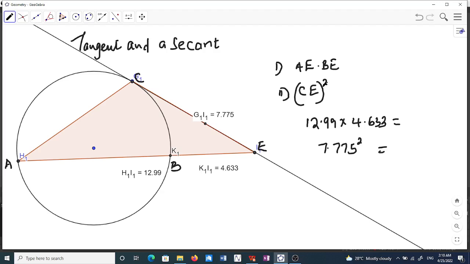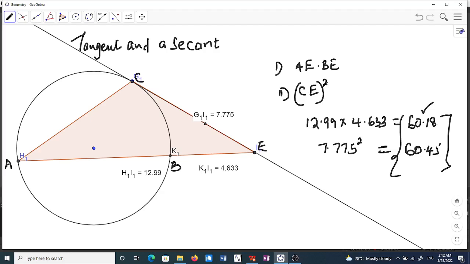So what do we get in the two cases? When you multiply the two, that is AE times BE, you get 60.18. When you square CE, you get 60.45. So we can talk about the errors that we talked about. So there is a difference, but we can call it a minimal difference.